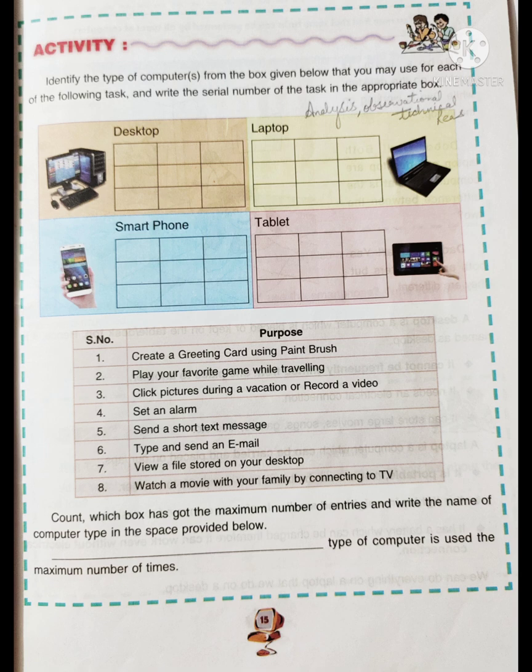And in front of each type of computer, number of boxes are there. And below these types of computers, there is a list of tasks where they have written purpose. So what you are going to do here, you are going to read the task one by one, and then you are going to see, to complete that particular task, which type of computer can be used.